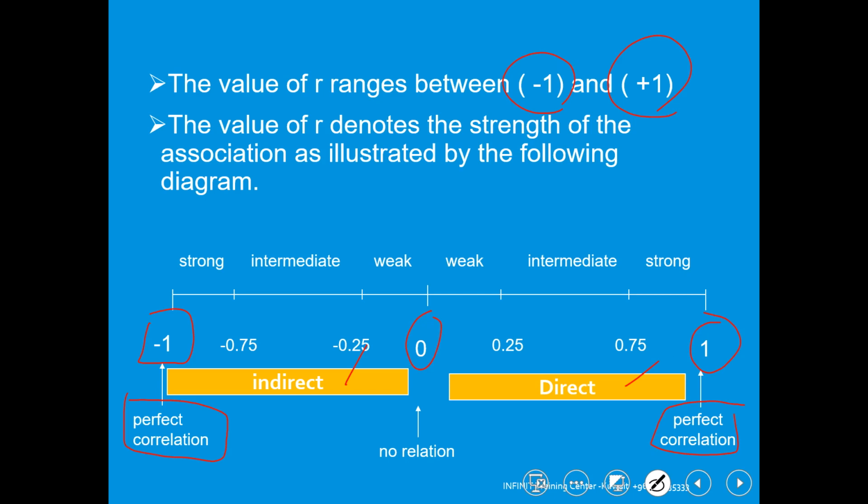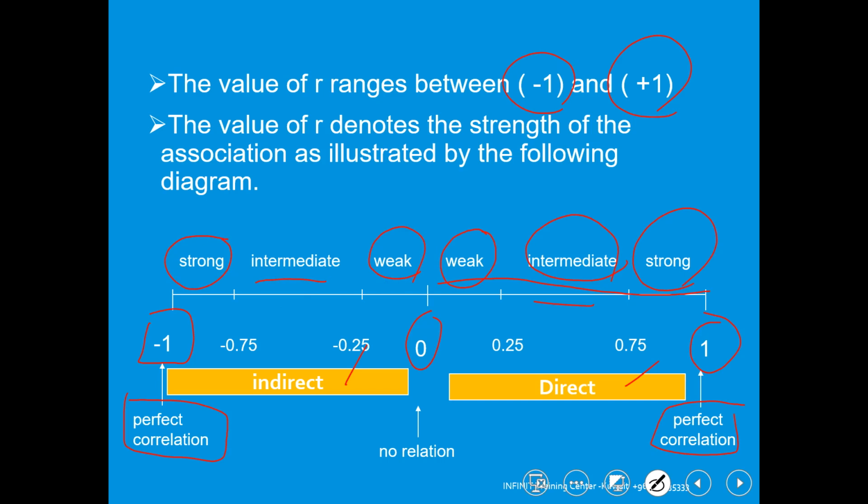So the range between 0 to 1 is actually telling the strength of the relationship. When it is close to 0, you have a very weak relationship. When it is in the middle, it is intermediate, and when it is near to 1, it is strong. Same with negative relationship: when it is near to -1, it is very strong, then intermediate. When it is very close to 0, the relationship is weak.